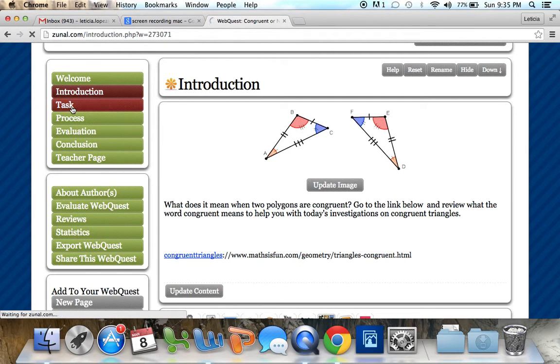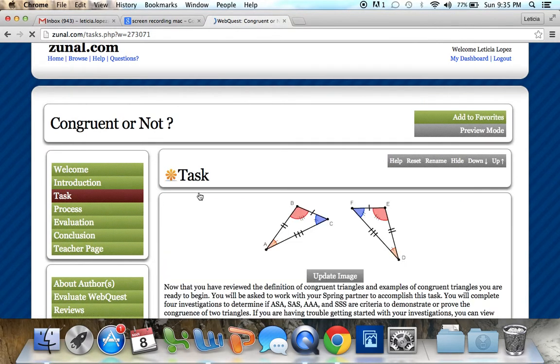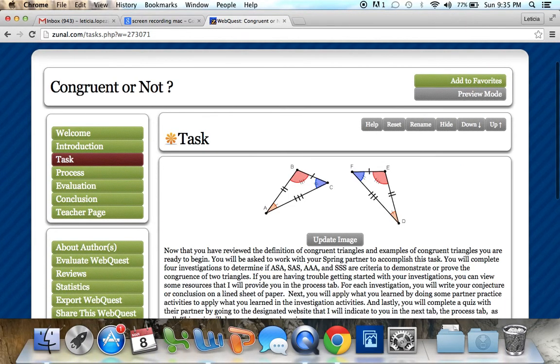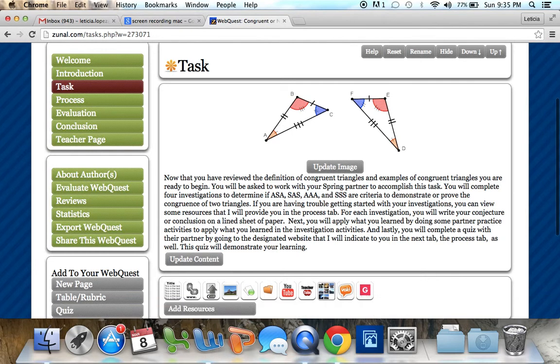Let's go on to the task part of the web quest. And let's scroll down. So you will be completing 5 patty paper investigations to prove and to determine whether angle-side-angle, side-angle-side, angle-angle-angle, and side-side-side are indeed criteria to demonstrate or prove the congruence of two triangles.